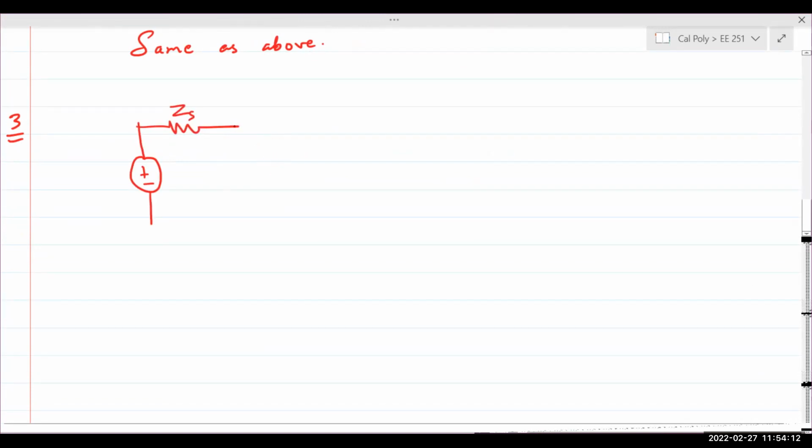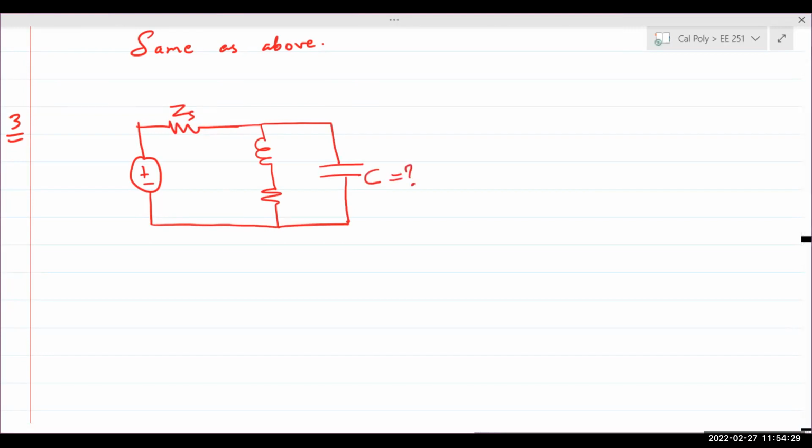Actually, let's say inductor first. So let's do inductor, a resistor, and then it's asking you to plug a capacitor in parallel. It's asking you to find the value of this capacitor to correct the power factor, meaning go all the way to 0.